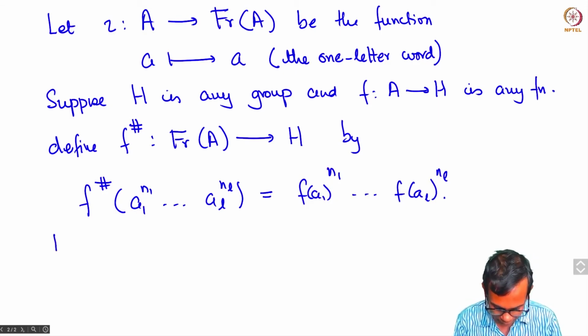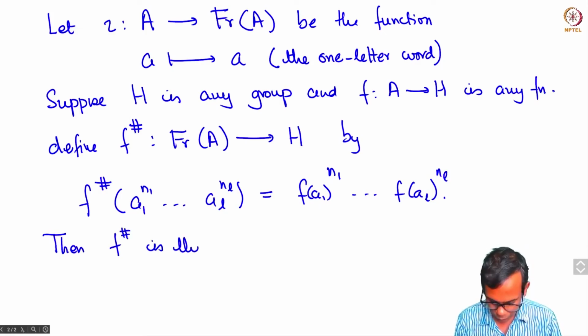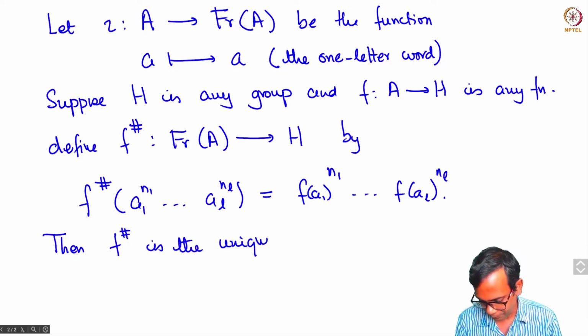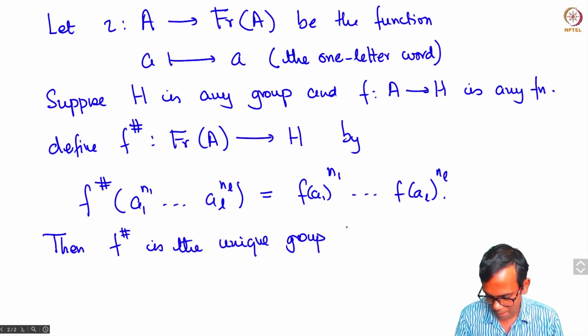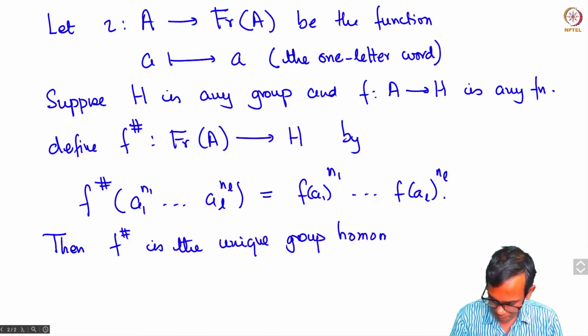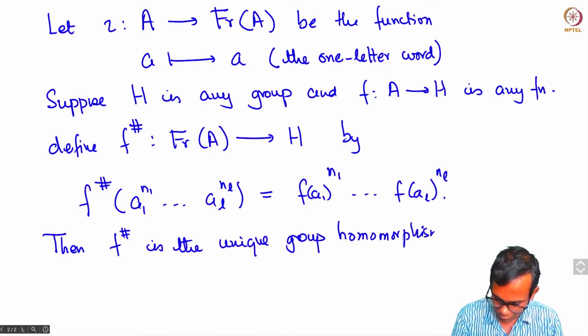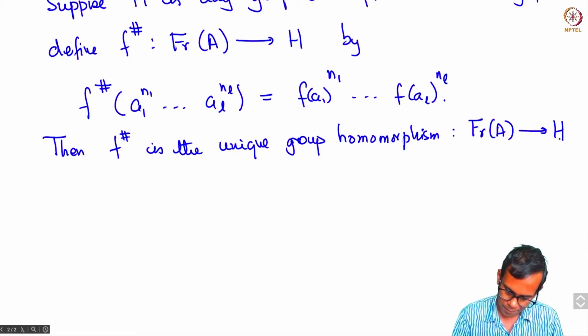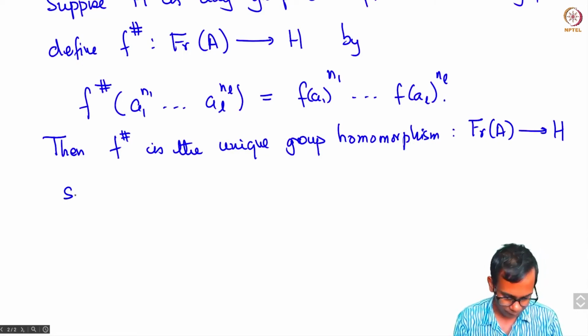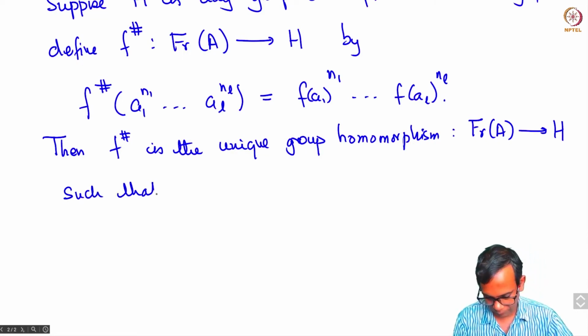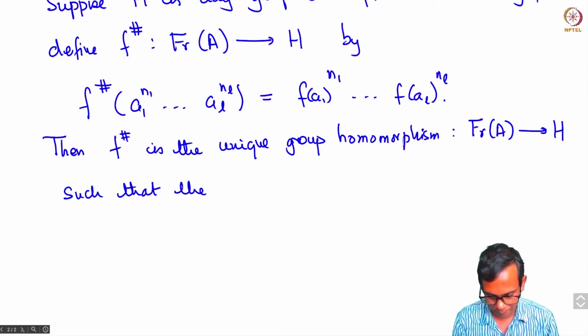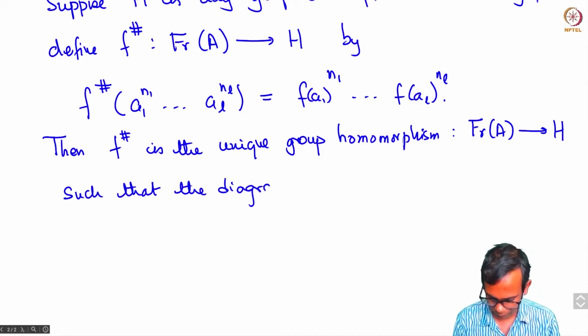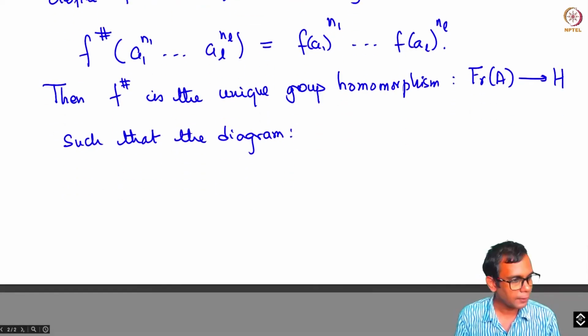And it turns out that f hash is the unique group homomorphism from the free group on A to H, such that the diagram, so let me draw this diagram.